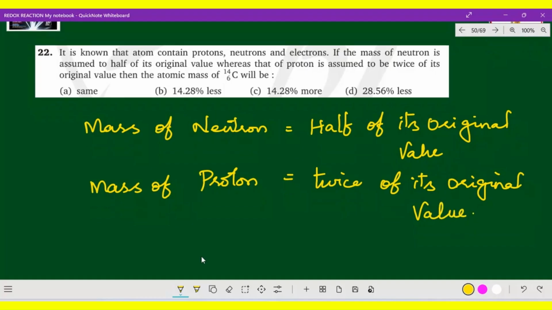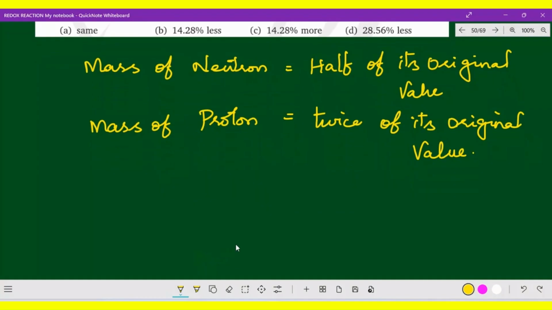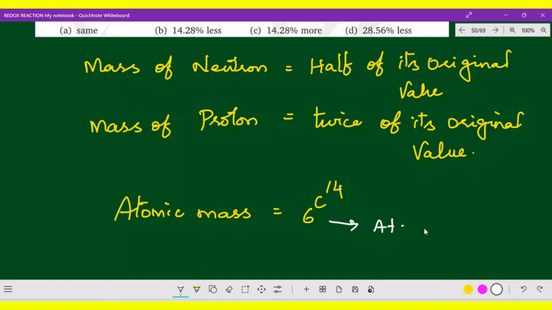Now, the atomic mass they mentioned is for 6 carbon 14. Here, this is the atomic number, that is, the number of protons. And this is the mass number, which is protons plus neutrons.